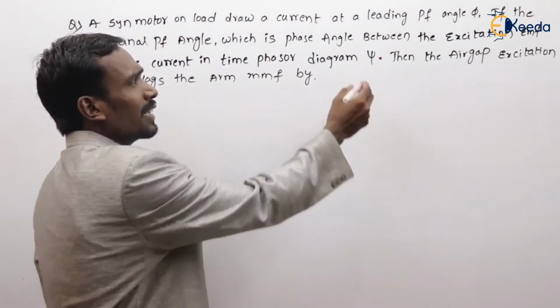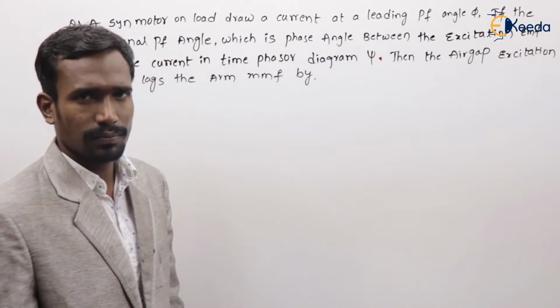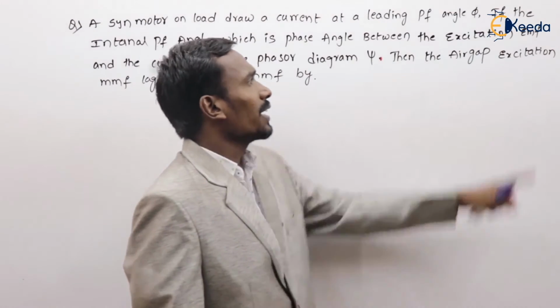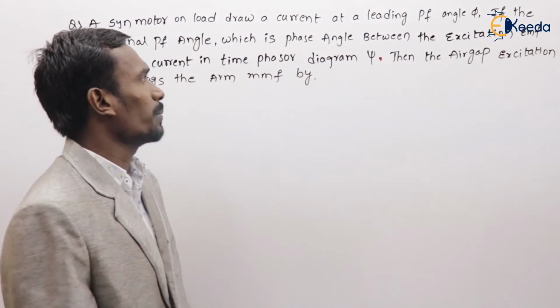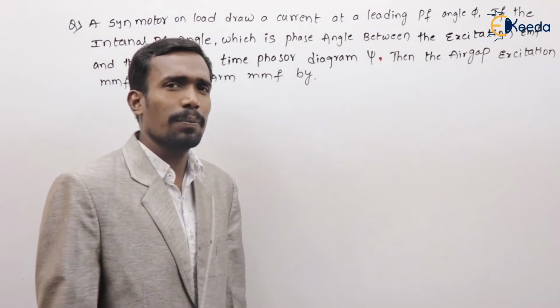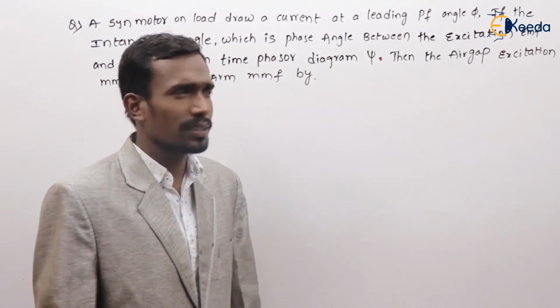Simply, the internal angle is psi and the power factor angle is phi. Next, the air gap excitation MMF lags the armature MMF by. This is our question.